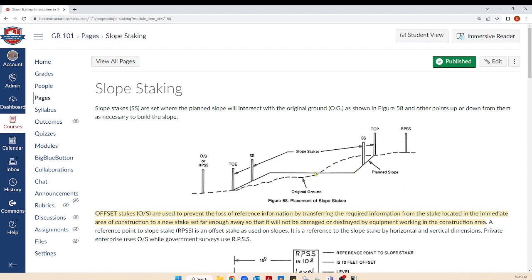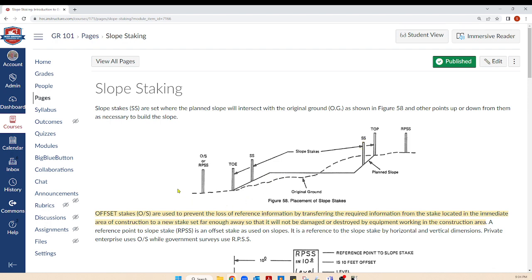This looks like level, and then it goes down again and connects with the ground at the toe, and this is the top. In between, on this rough ground, we'll be setting probably a stake here. This line will not be here until we put dirt here or take this dirt out. So the stakes in between are called slope stakes.